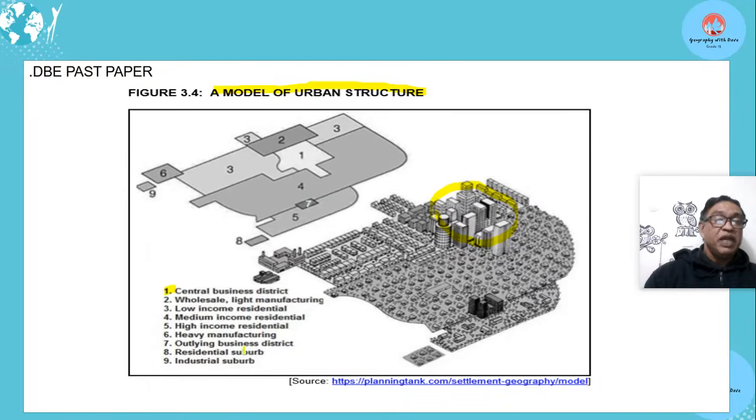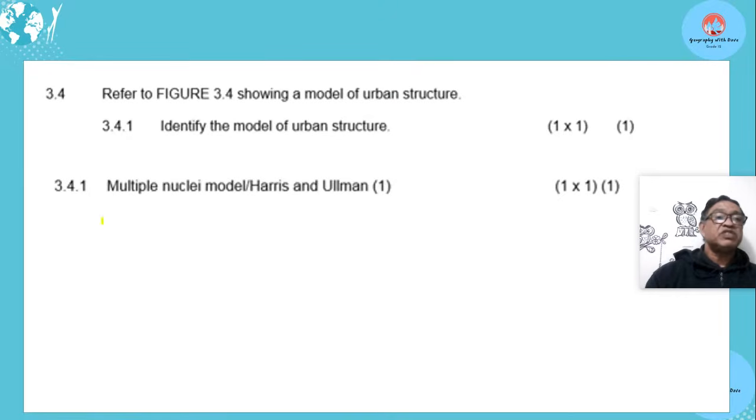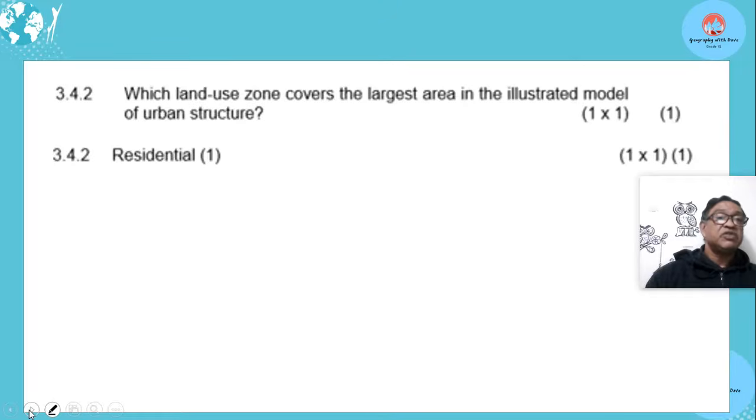Now, let's look at the questions itself. First question, identify the model of urban structure. We know it's the multiple nuclei model. That's the main part of the answer. Next question, which land use zone covers the largest area illustrated by this model?